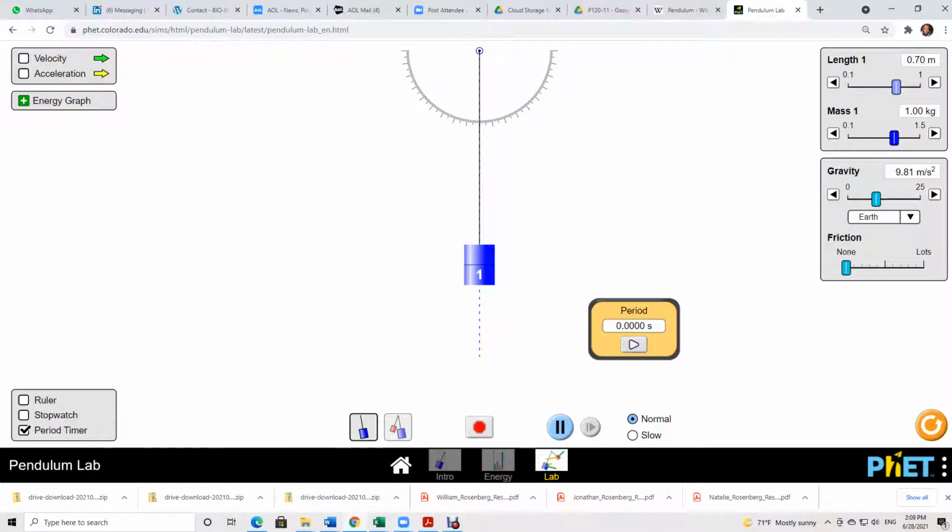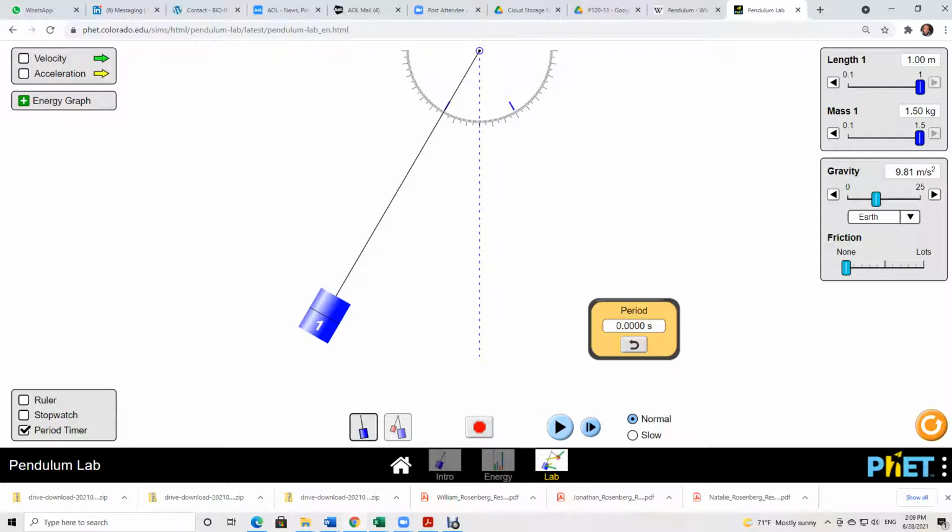I'm going to set the length to 1 meter, right? The mass is going to be 1.5 kilograms. The acceleration of gravity is 9.8. I'm going to pause the simulation, put the amplitude to 30 degrees, start my period timer, and this guy here is going to measure exactly the period of the oscillation without you having to use the stopwatch.